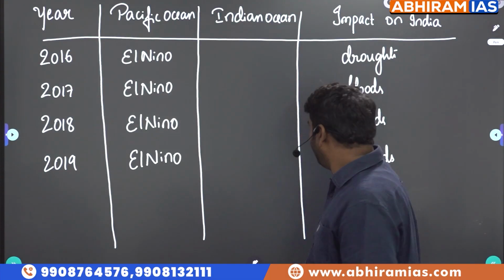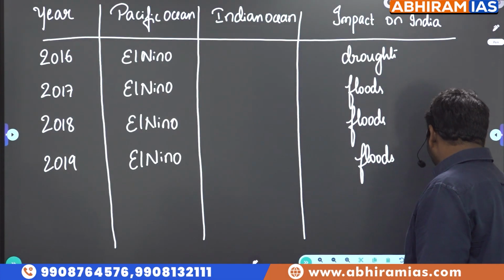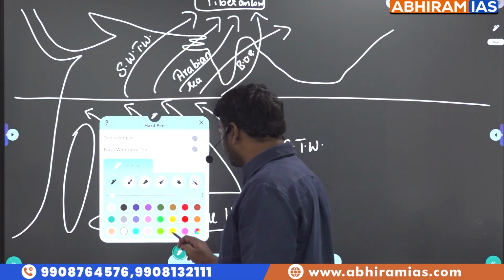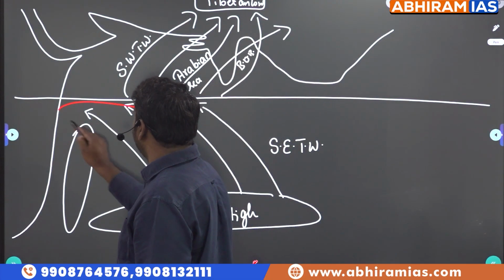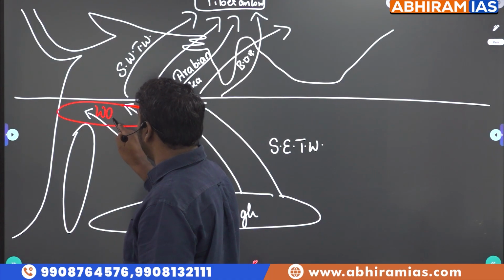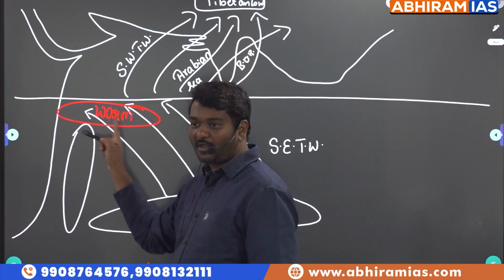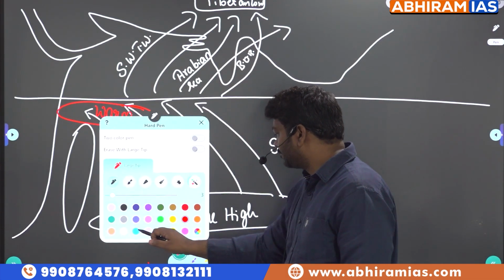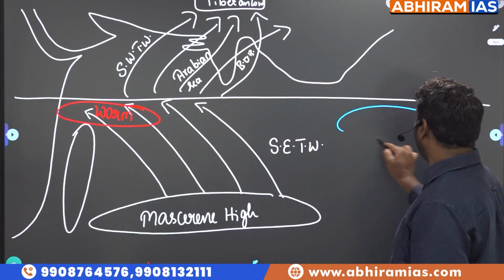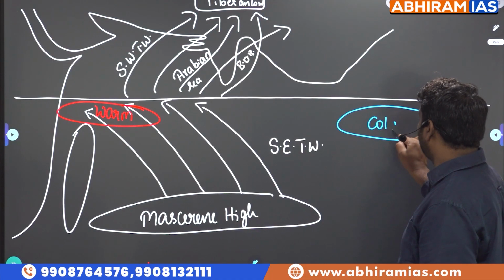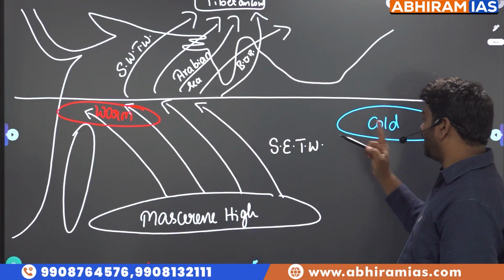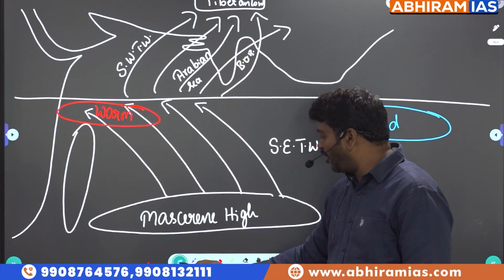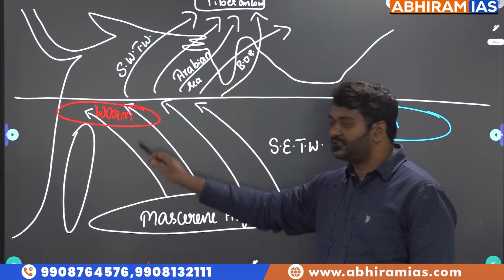Now, when they studied the Indian Ocean, they tried to say two important aspects. What is it? Whenever there is warm water near Africa, and when you have cold water near Australia, warm water near Africa and cold water near Australia. Yes, you tell me, warm water means, can I say low pressure?